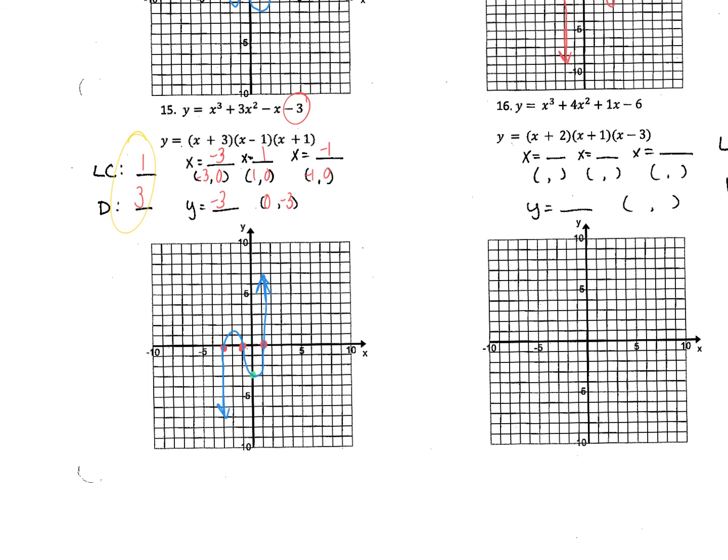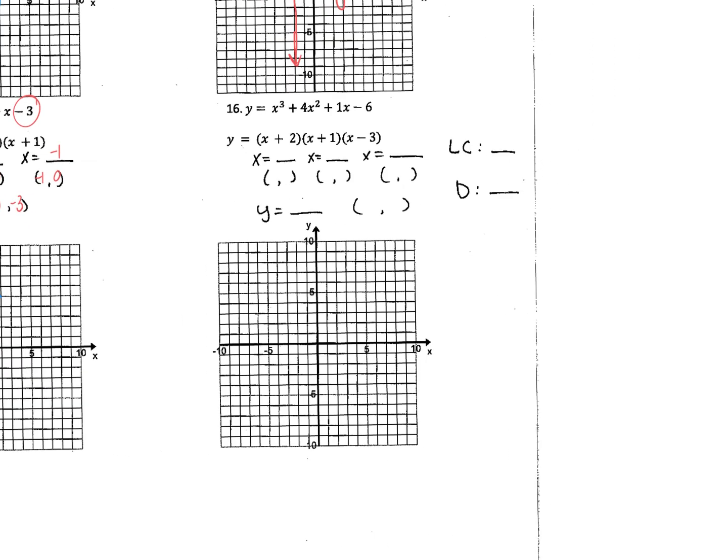And then lastly, number 16. I have x equals -2, x equals -1, and x equals 3. My y-intercept is -6, so (0, -6). My leading coefficient is 1. My degree is 3.